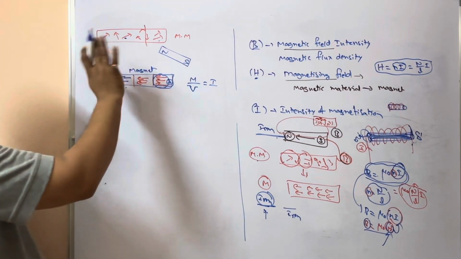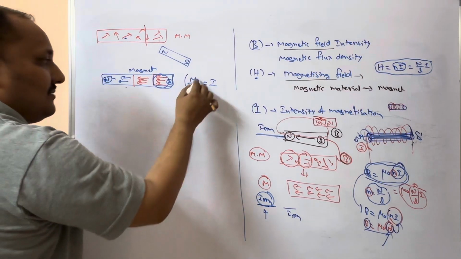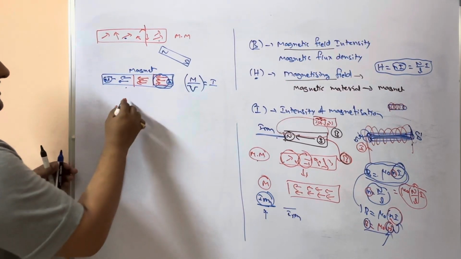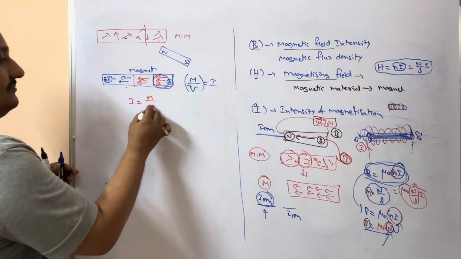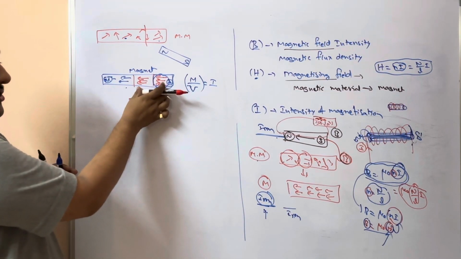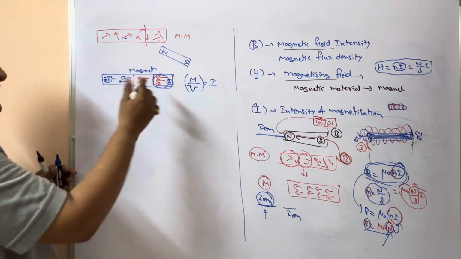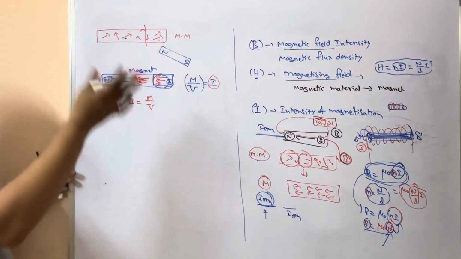This one we cannot call a magnet; this is a magnetic material. So it is magnetic moment per unit volume, called intensity of magnetization. If fewer magnetic moments are aligned, intensity is less; if the whole volume is aligned, intensity becomes more.